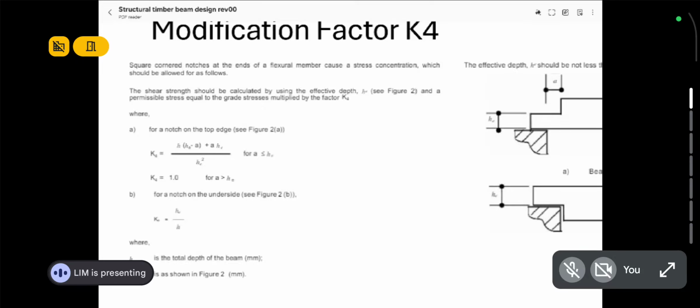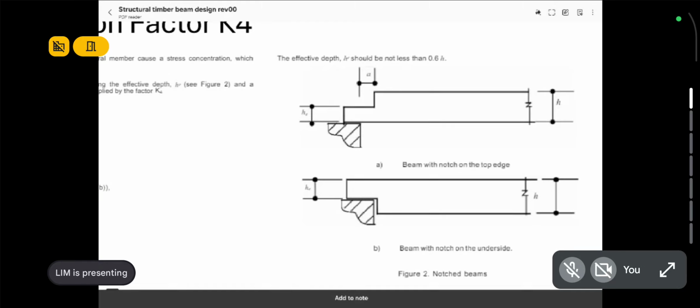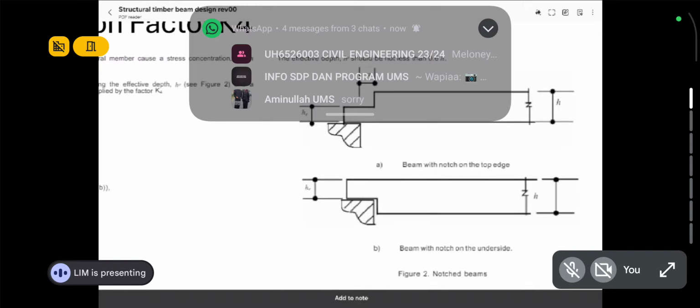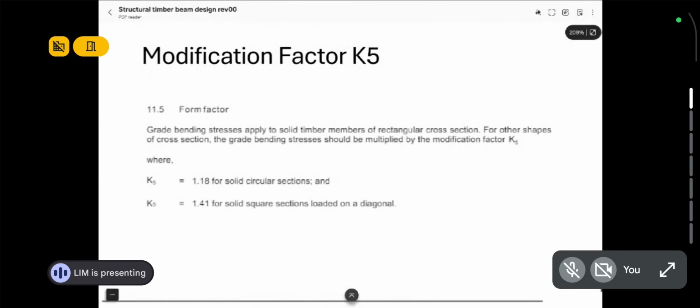So you can see what notches are. Here's a diagram illustrating what the notches mean. The diagram at the top is a notch at the top. The diagram at the bottom shows a notch at the bottom of the beam. Next, K5. K5 is form factor.